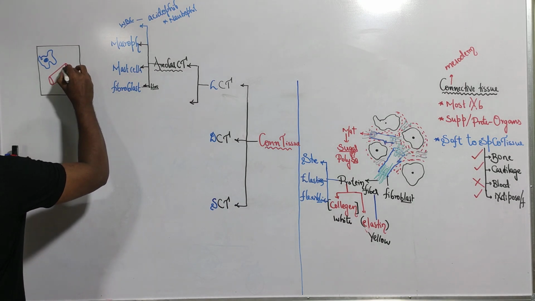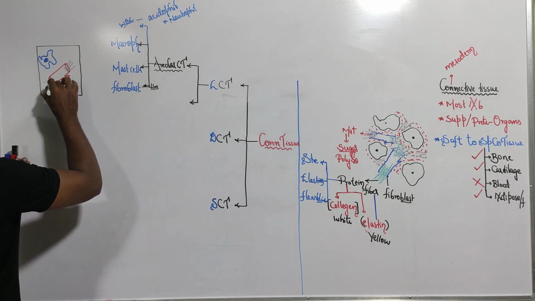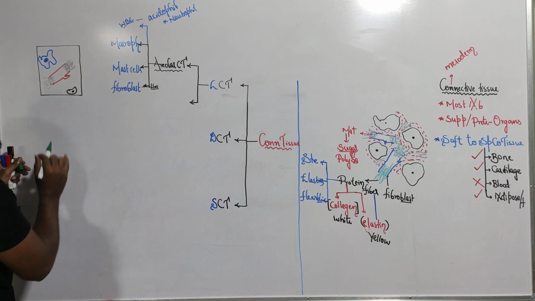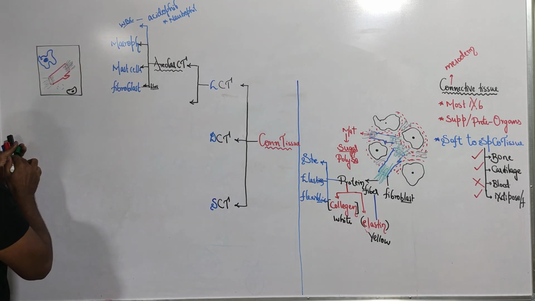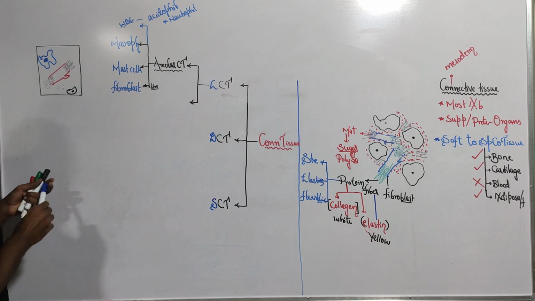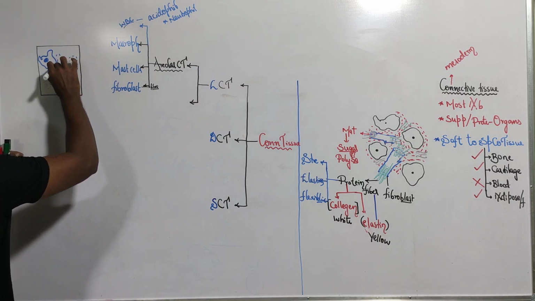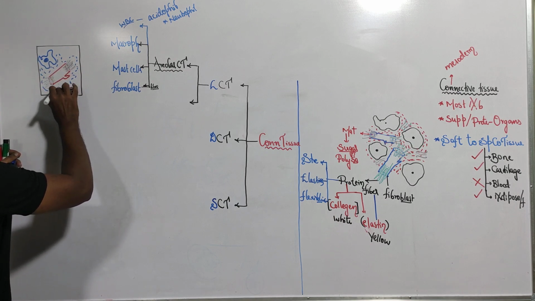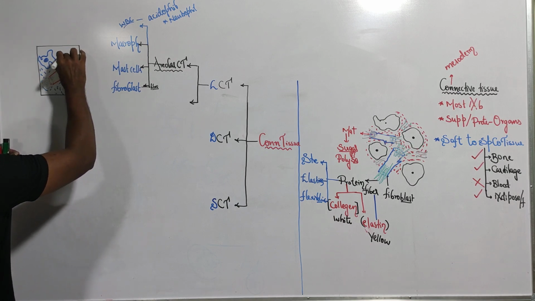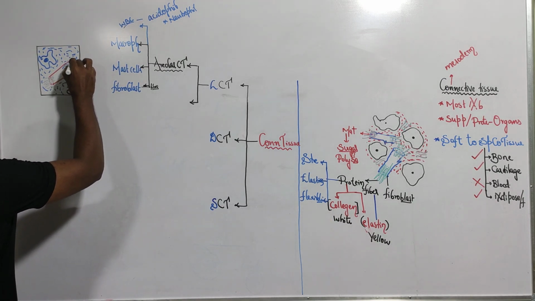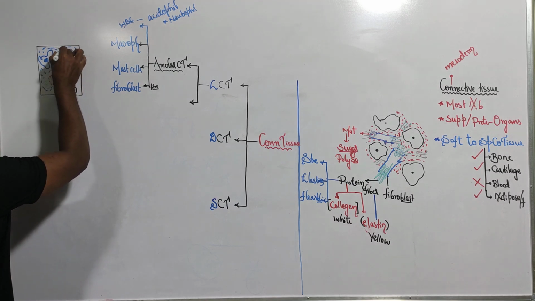You know fibers are made up of what, and what property are they exhibiting? And in between all these there is a presence of a matrix. What matrix is this? All this is the intercellular matrix, also called the ground substance. In this manner it is present, and this is the areolar connective tissue, and all these are fibers.